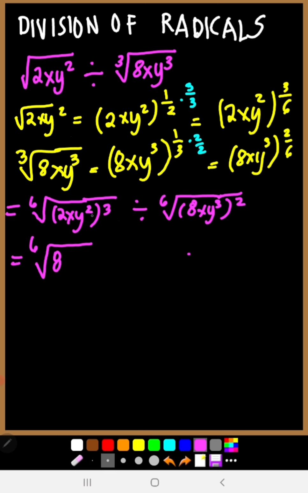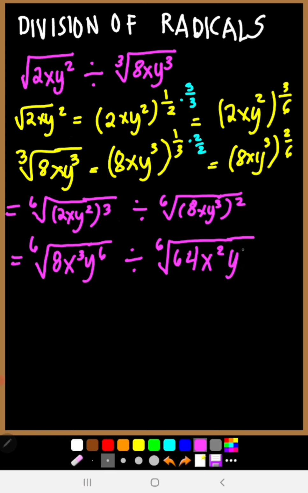Tapos, x cubed, y raised to 2 times 3, that is 6. Divided by 6th root. So, 8 squared, that is 64. x squared, and then y cubed squared, that is y raised to 6.